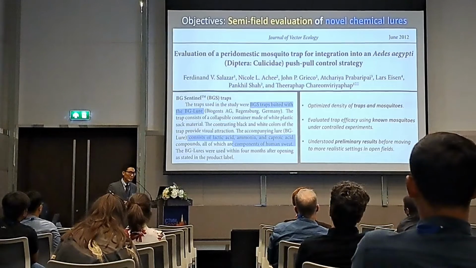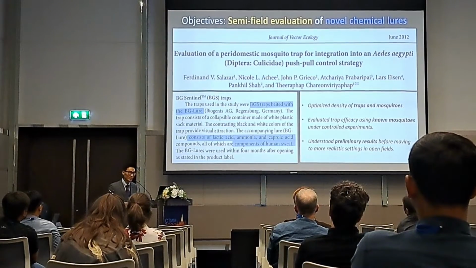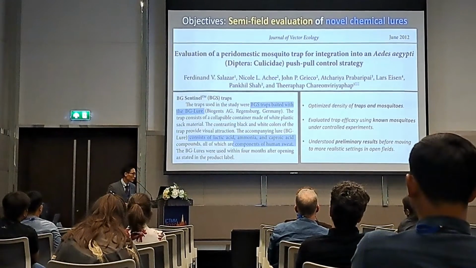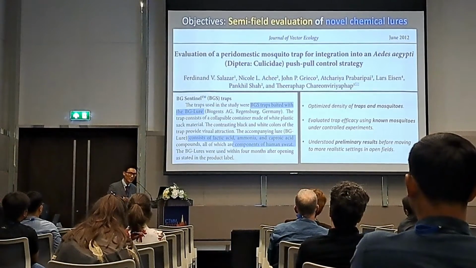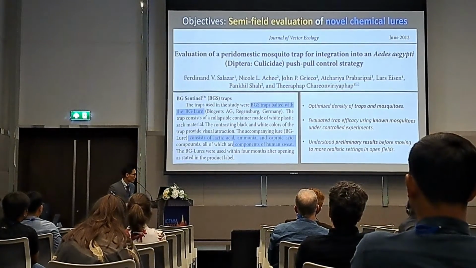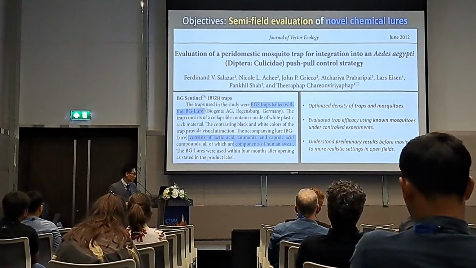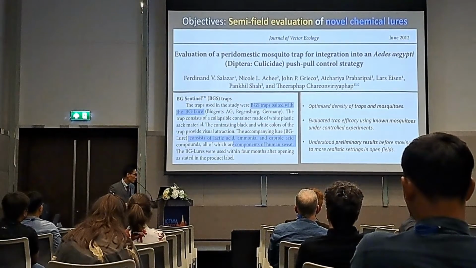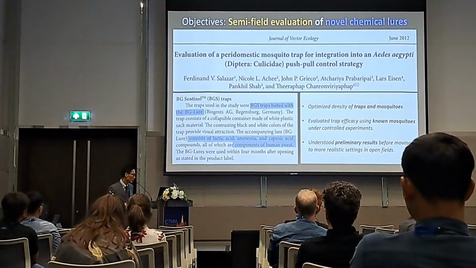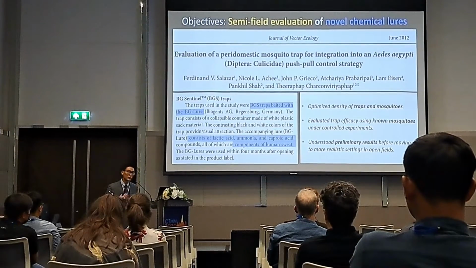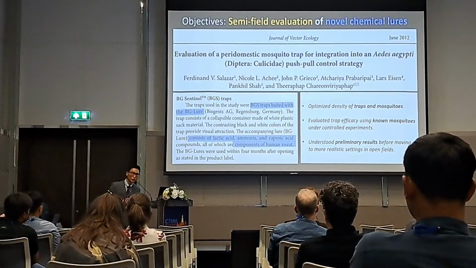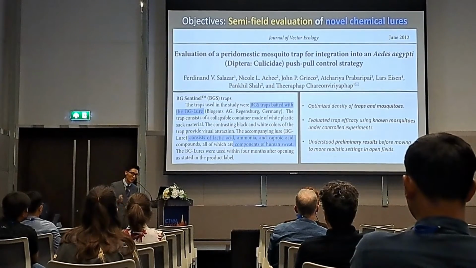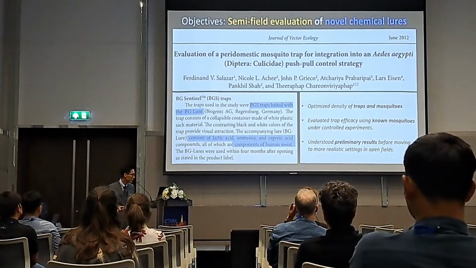He tested BGS traps, which are commercial, very common and well-known devices, with BG lure, the commercial lure that I am targeting to develop. This BG lure is a mixture of lactic acid, ammonia, and caproic acid, all from our human body odors, which attract female mosquitoes.